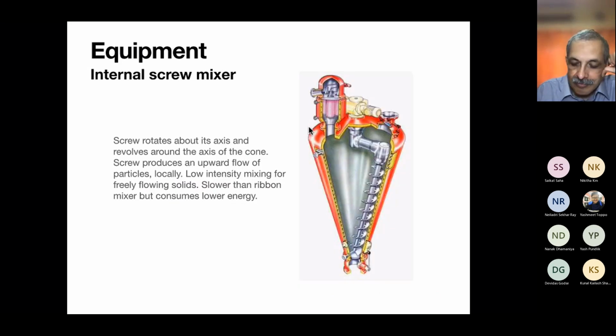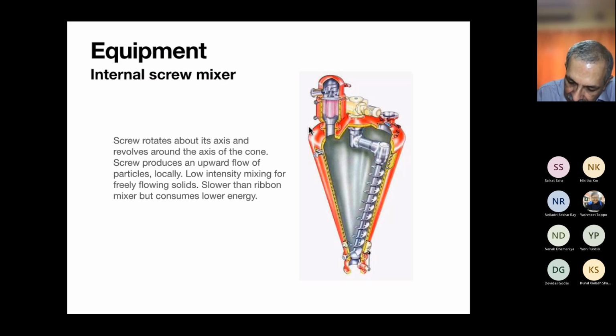A second type of equipment that is used is what is known as an internal screw mixer. Here, this is one axis, and this screw rotates around in this conical container, and there is also another screw, which rotates about its own axis.